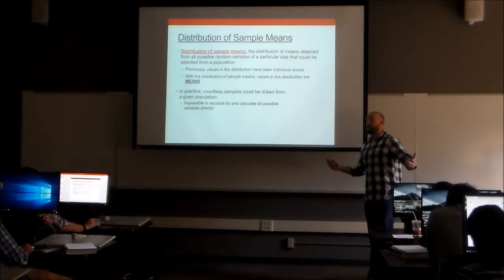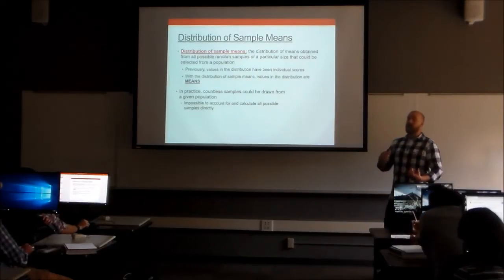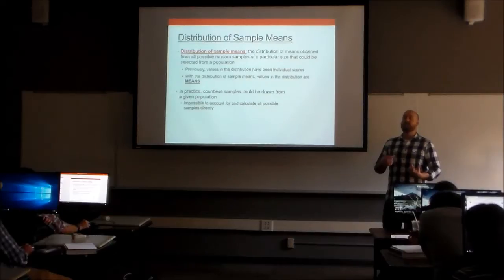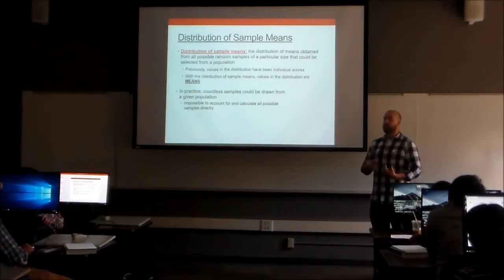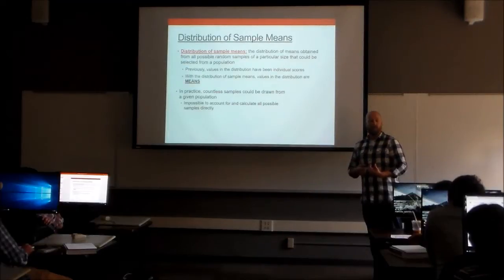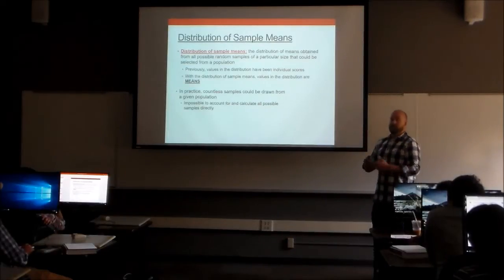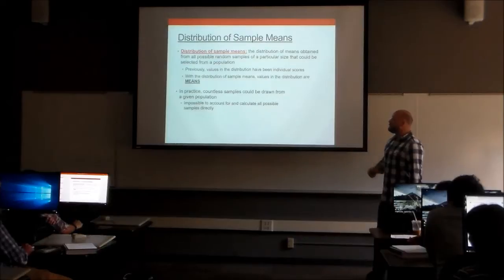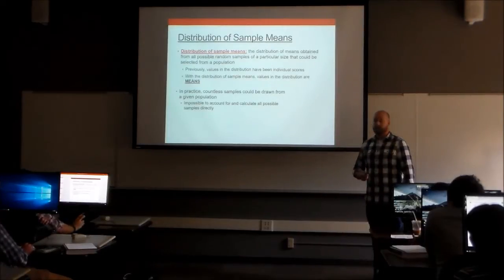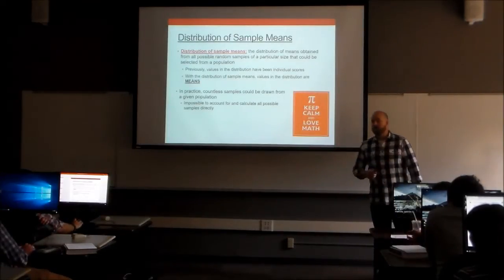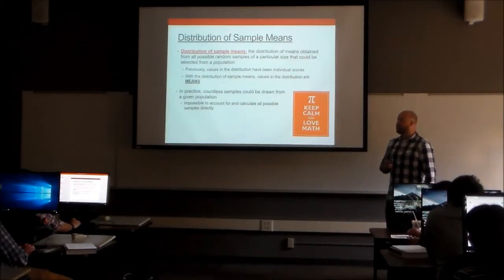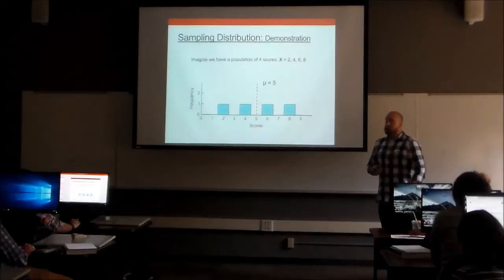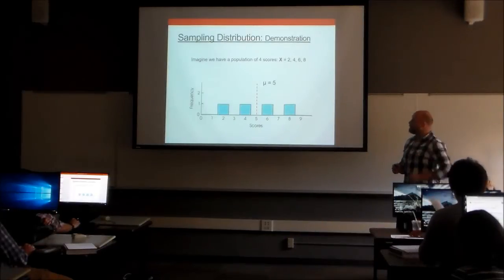Say we got a big sample, right? But how many unique samples of 1,000 could you draw with replication from a population of 20 million? It's a lot, right? And so it's impossible to account for and calculate all these samples directly. Luckily, we have mathematics on our side and people who do this stuff for a living, okay? But just as an example, so you kind of see what's going on here.